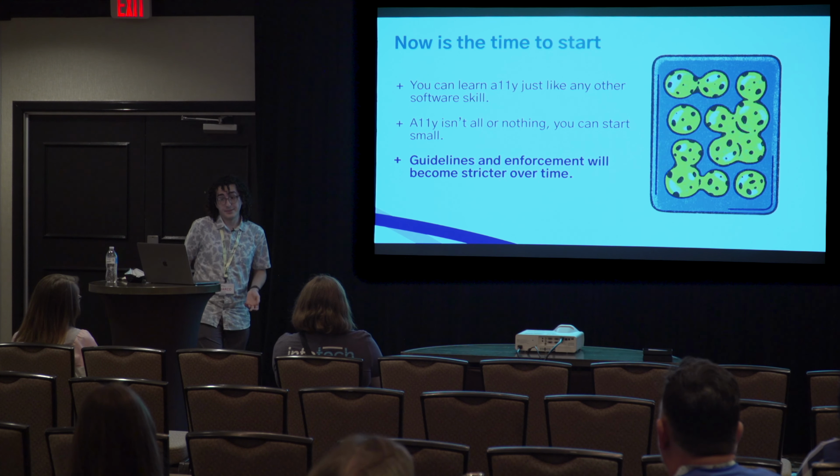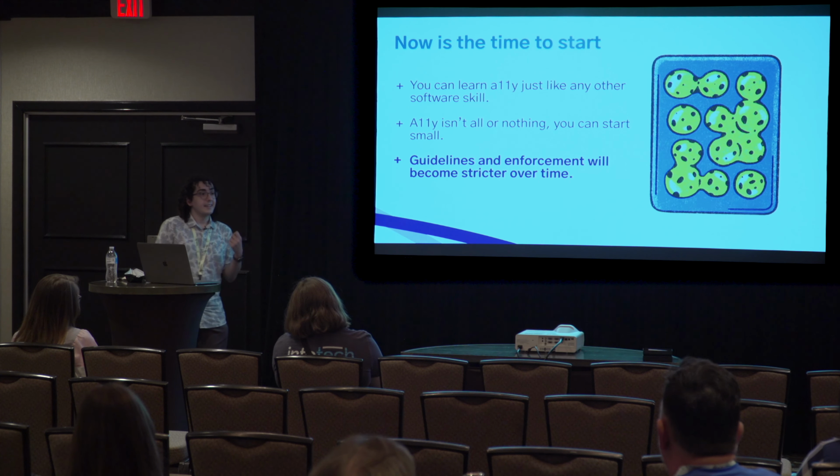Another important thing is that the guidelines, like WCAG, are only going to get stricter over time. And the enforcement, whether that be from the government or via lawsuits, is only going to increase more over time as well. Just in the next couple of years, we're probably going to see WCAG 3.0, a new set of guidelines, come out. In a lot of ways, it's going to be better because it's meant to be more approachable, more legible for non-experts.